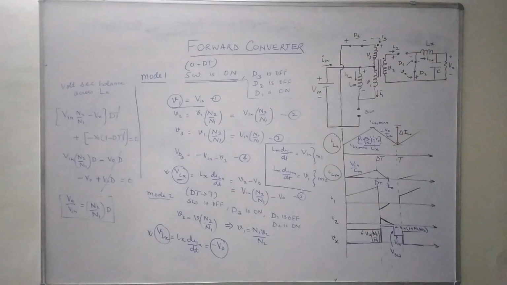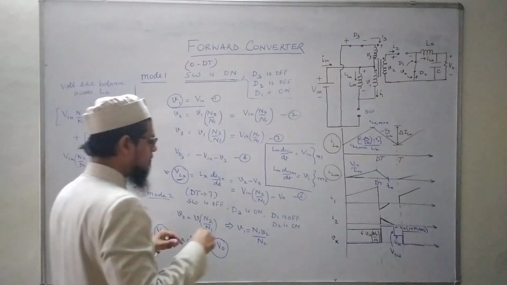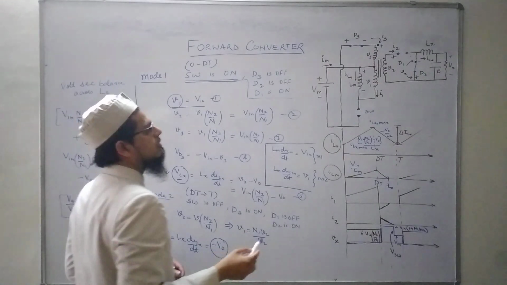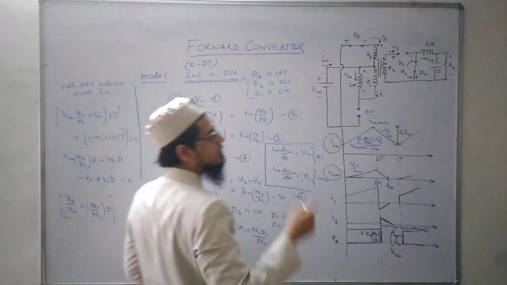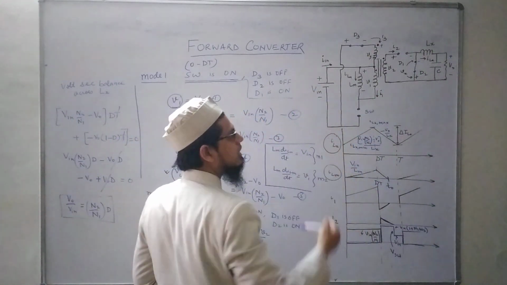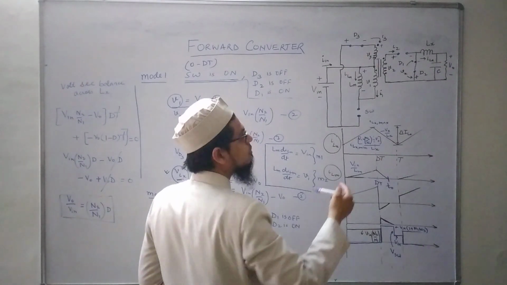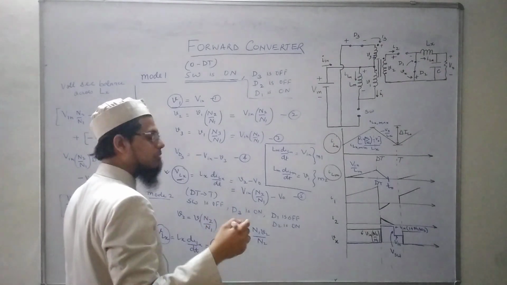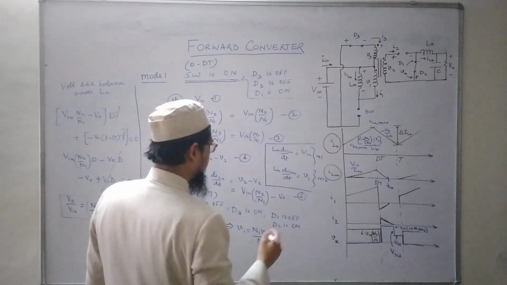So let's see. Actually, we can find out V1 from V3, because V3 is known, V2 is not known, because the voltage across the diode is not known, so we cannot find out V2. But we can find out V1 in terms of V3.